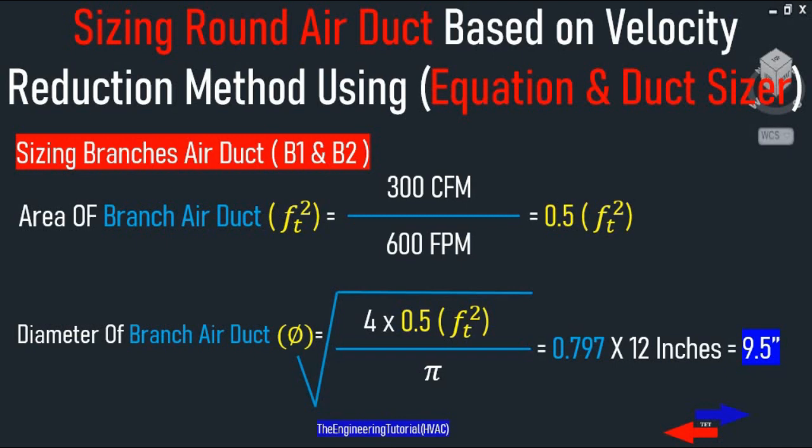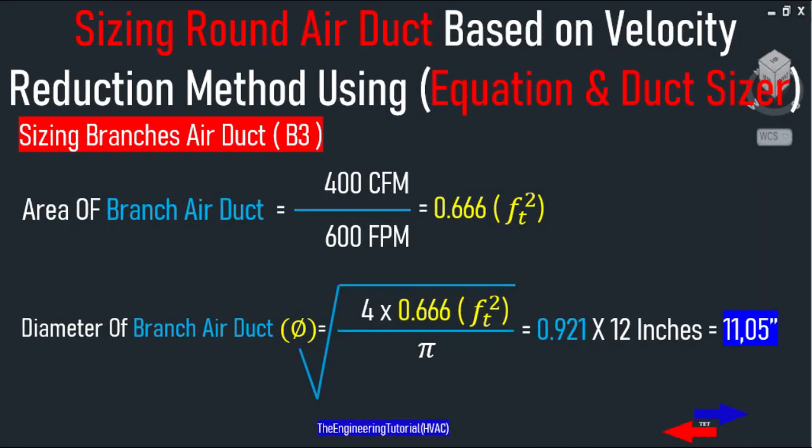For B3, the same process: 400 CFM divided by 600 FPM gives 0.666. The square root of 4 times 0.666 divided by pi, times 12 inches, gives us a diameter of 11.05 inches.